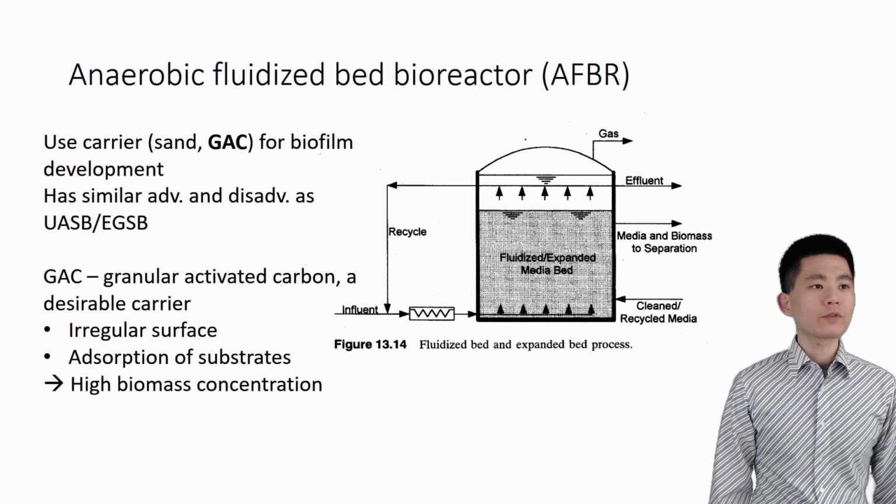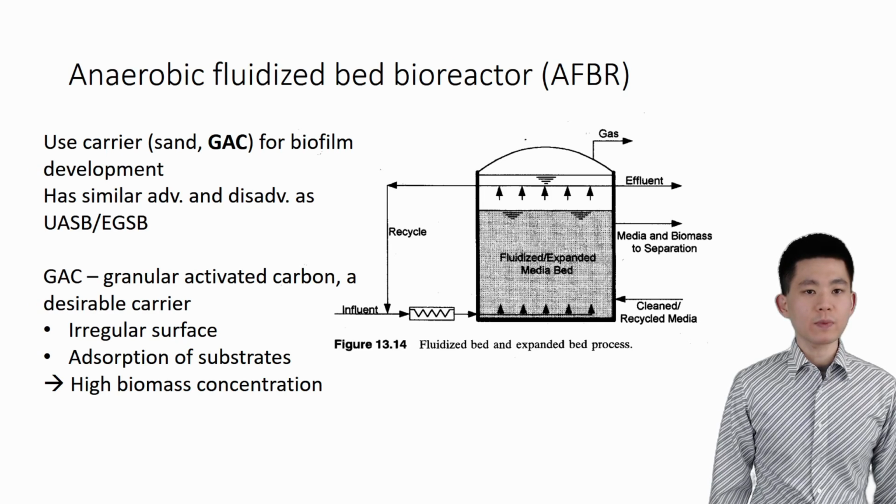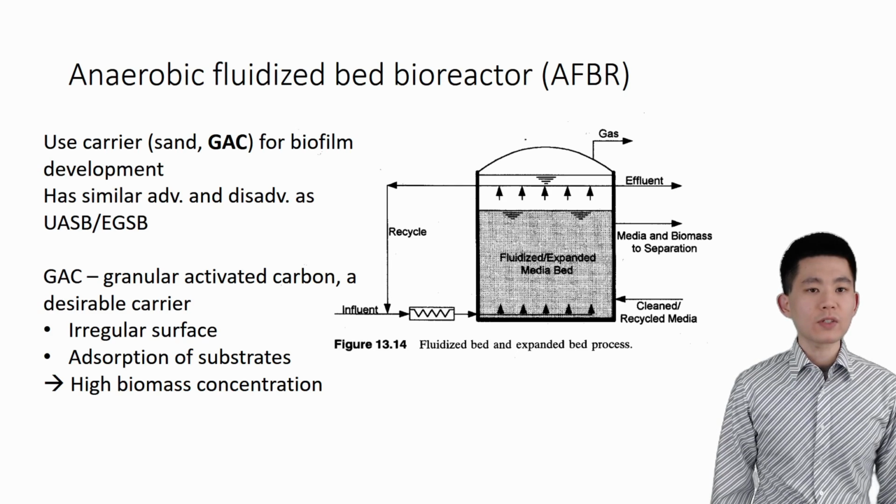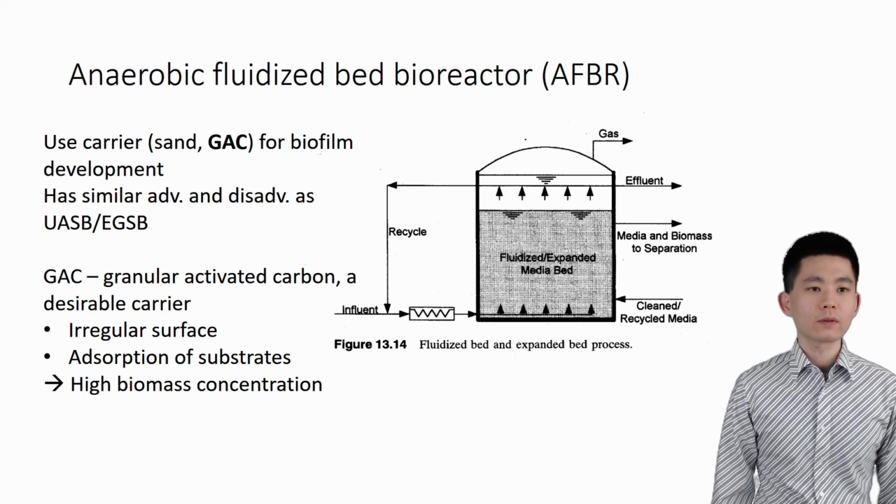AFBR, or anaerobic fluidized bed bioreactor, is similar to UASB and EGSB in terms of reactor configuration. But instead of sludge granules, it utilizes carrier materials such as sand or granular activated carbon, GAC, to support the growth of biofilm.